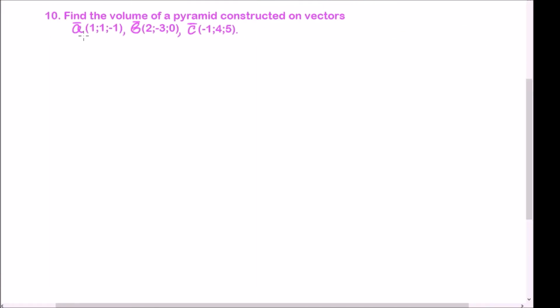Let's consider the vectors a, b, c when their initial point is the same. So vector a, vector b, and vector c. And we must find the volume of a pyramid constructed on the given vectors.